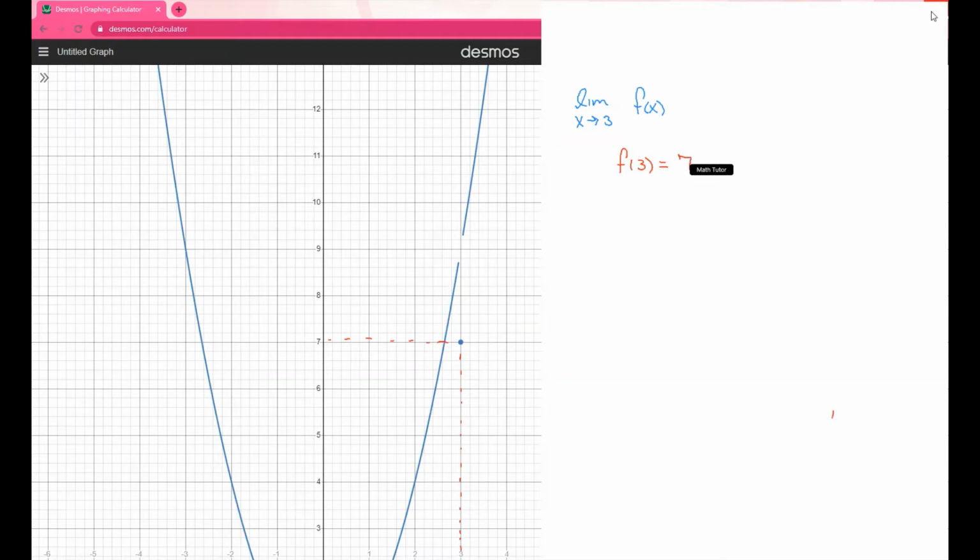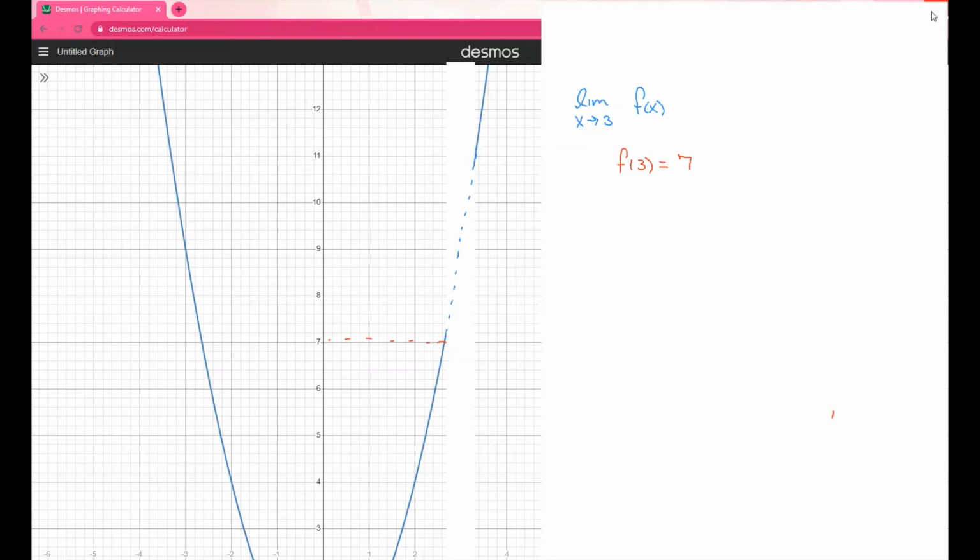In calculus, we're going to do kind of the opposite. I don't care what the point is. I care what it looks like. I only care about f of 2 and f of 4 as I get closer and closer to 3. What I typically have my students do is cover this up. And then I look. I say, based on this graph, as I approach 3 from either side, what does it look like it should equal?